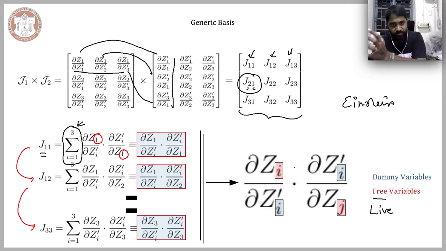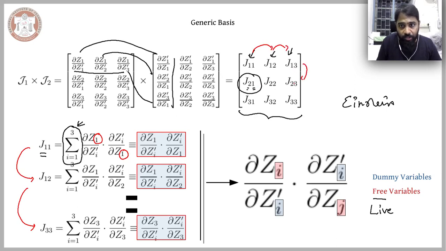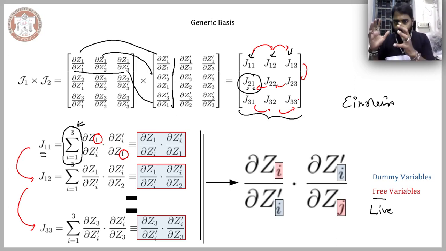Whereas when I change my free or live indices, I'm moving from one entry to another entry within a given matrix. Thereby, I'm able to capture all the entries of my matrix. Dummy indices work within an entry; live or free indices get across all the entries within my matrix.